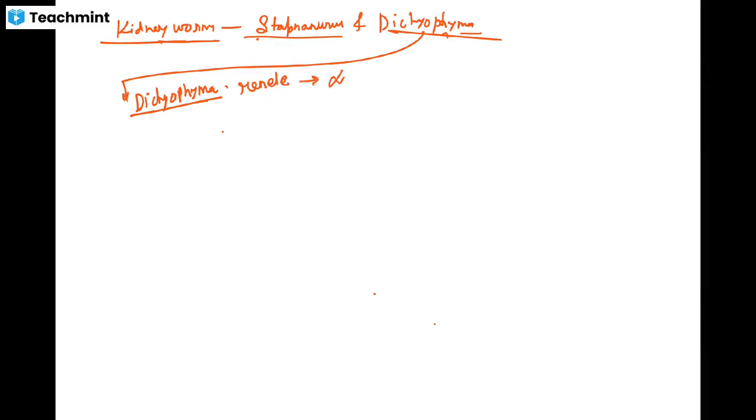Dioctophyma renale is the largest nematode known.